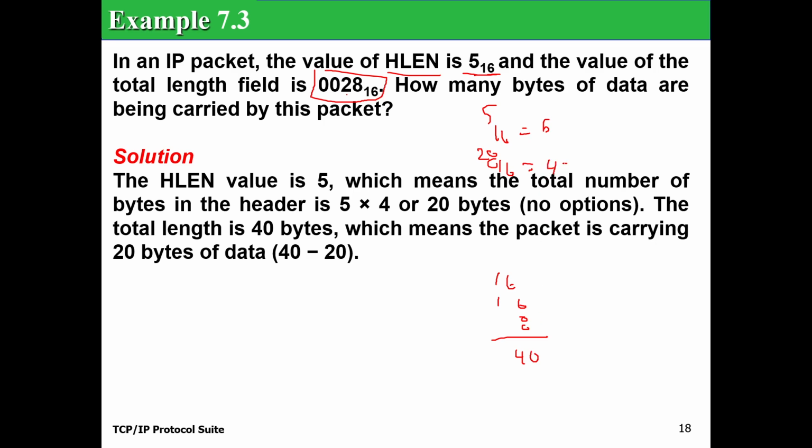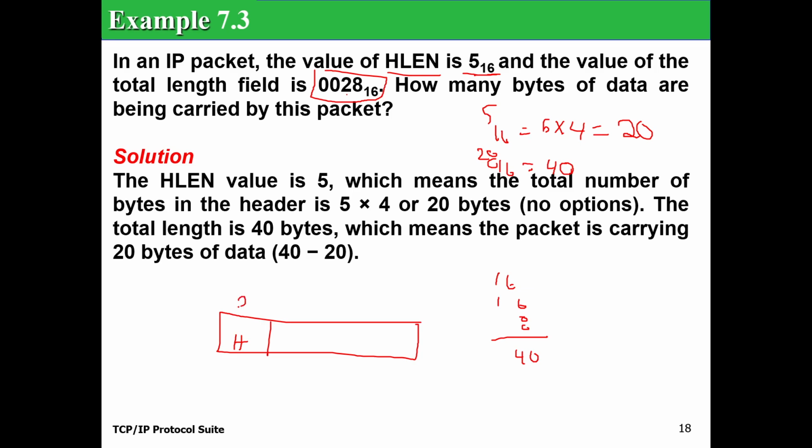Here we go. The header size is 5. However, the whole packet is 40. So what is the size of the real data? To calculate the header size, it is 5 times 4, which is 20.